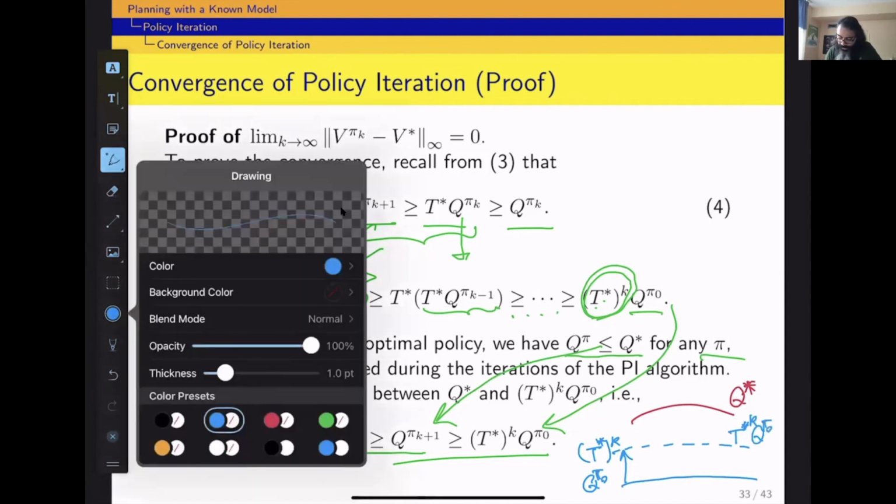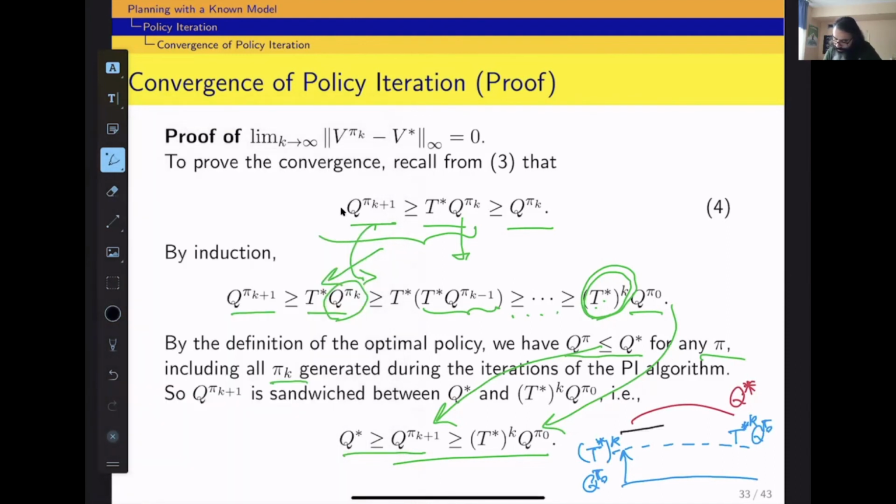And then Q of pi k plus 1 would be this kind of black line between them. So from the upper bound, it's the optimal value function. From the lower bound, it's Q pi 0 after k applications of the Bellman optimality operator to it. Is this clear? Okay.